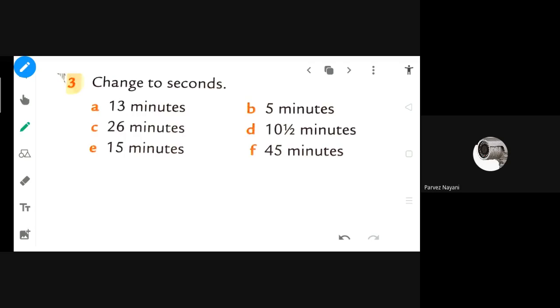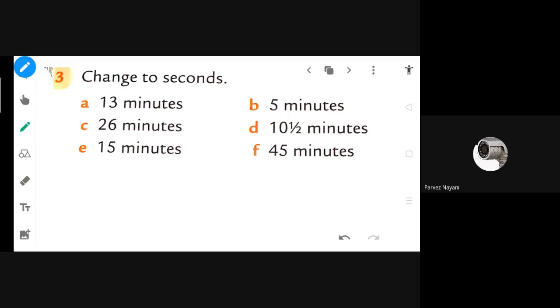Ma'am, you can see that it is converting from minute to second. So is it bigger to smaller or smaller to bigger? Ma'am, it is bigger to smaller.